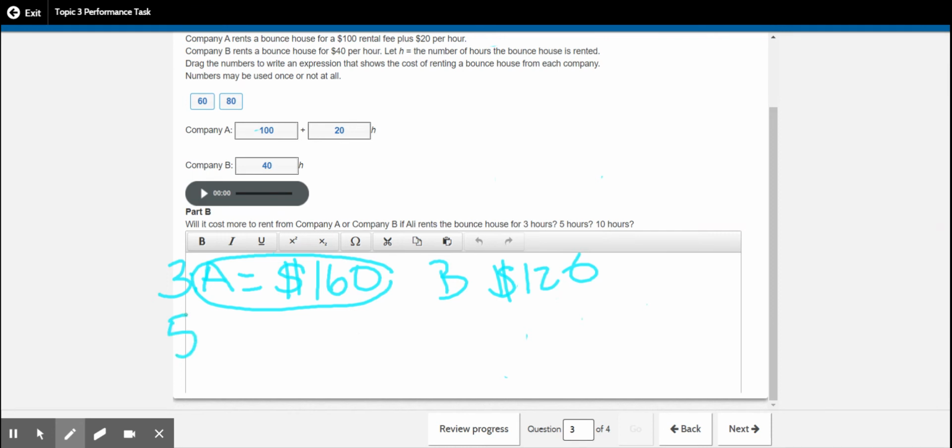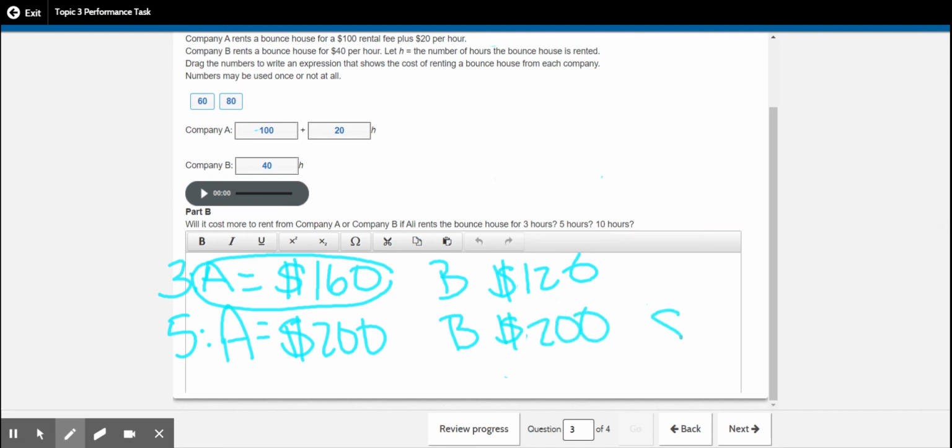For 5 hours, we have A. So 20 times 5 is 100. 100 plus 100 is $200. For company B, it's 40 times 5 hours, which is also $200. So they cost the same.